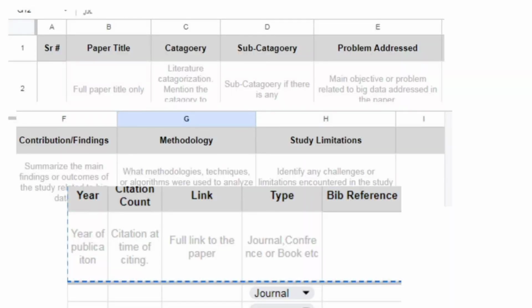Methodology is very important, because somewhere we discuss the methodology, and we have to select and categorize the literature on behalf of the methodology which is used.